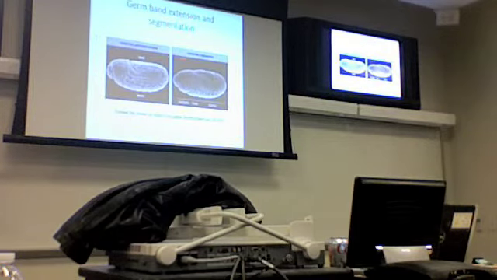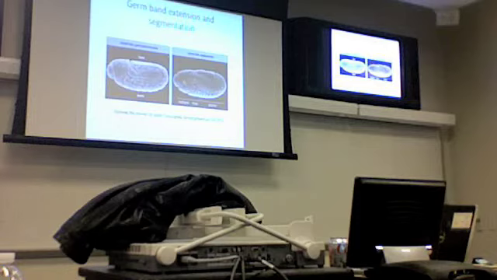Okay, so in the end, you have late gastrulation, you have this embryo where you have a clear dorsal side and a ventral side.